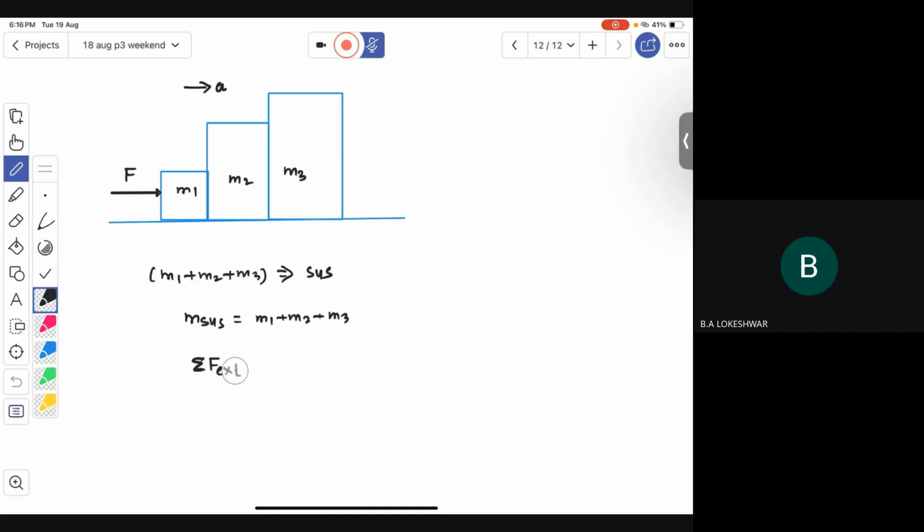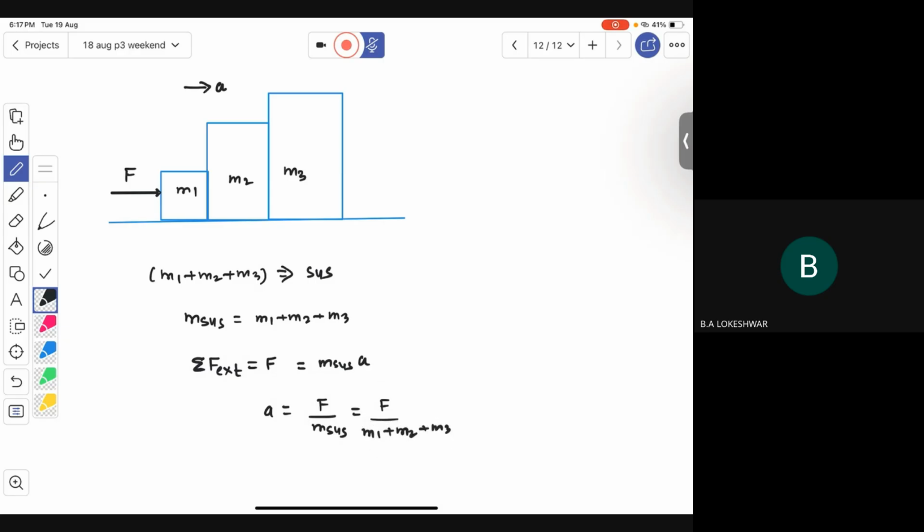In writing that, I don't care what force M1 applies on M2 or what force M3 applies on M2. The net external force along the horizontal is F only, and that must equal the mass of the system into A. So A is F divided by M1 plus M2 plus M3.